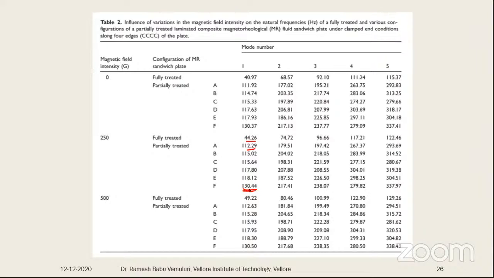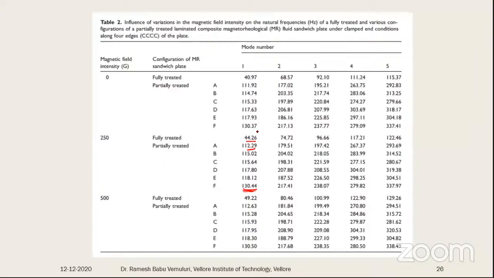Structure-wise there is no change, the dimensions are the same, and the top and bottom face sheets are the same. Only the core: here the complete 300 by 300 is MR fluid, whereas here we are using only 100 by 100 that is split again into four different patches of 25 by 25.